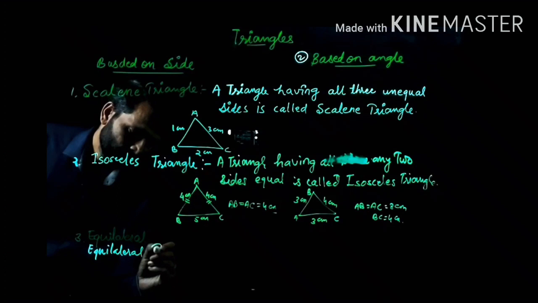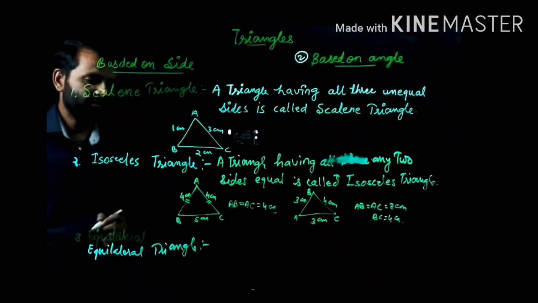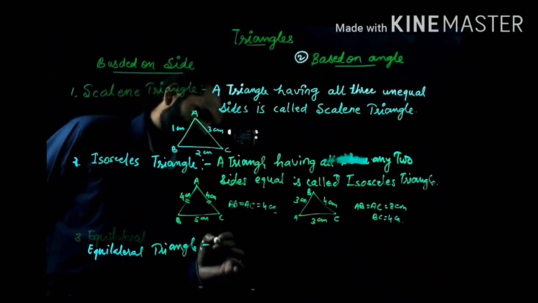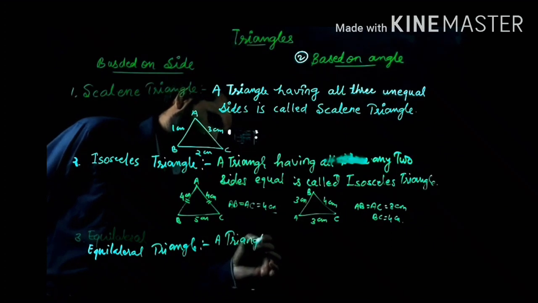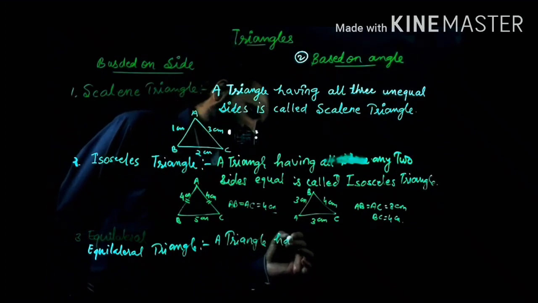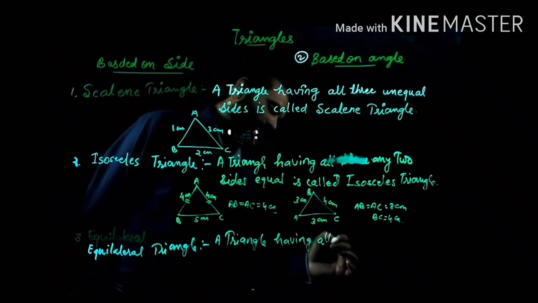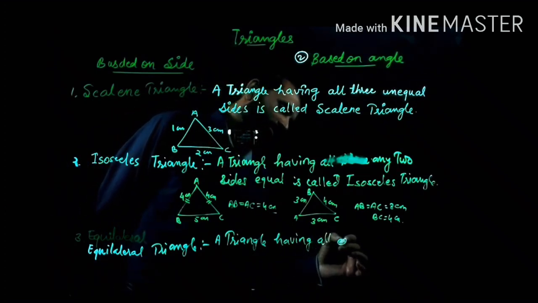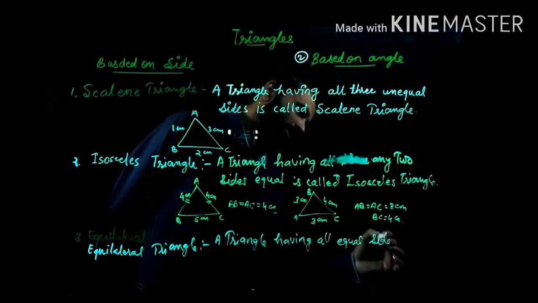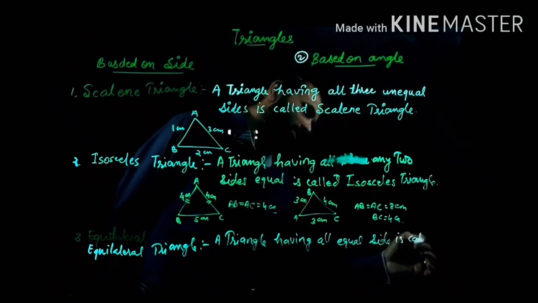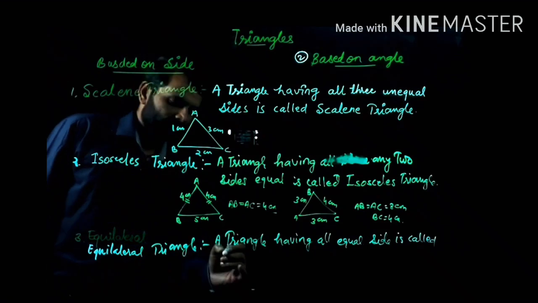A triangle having all equal sides, this type of triangle is called the equilateral triangle.